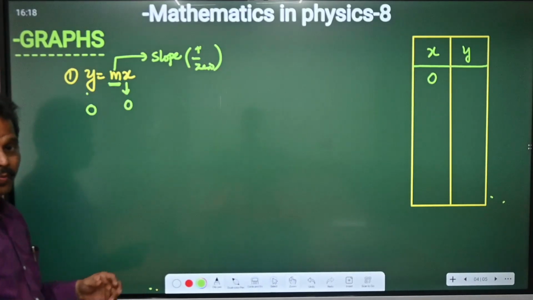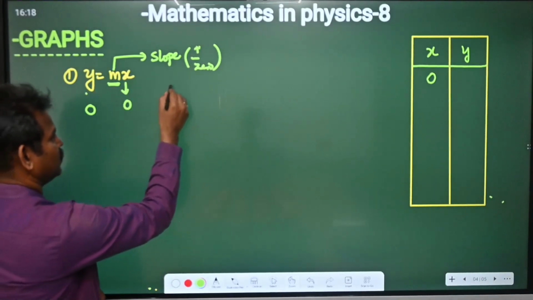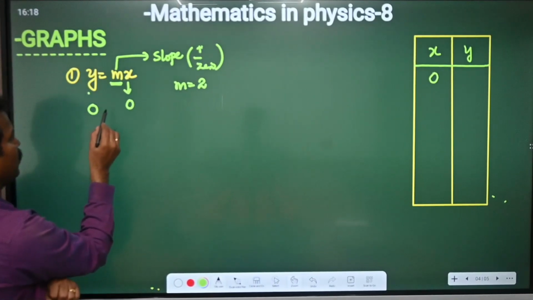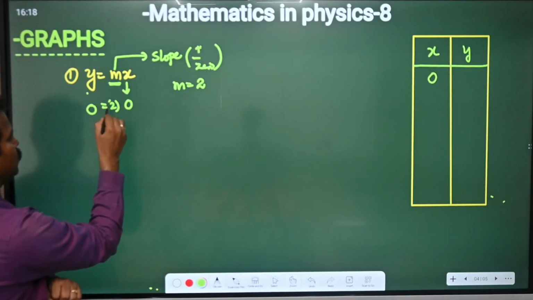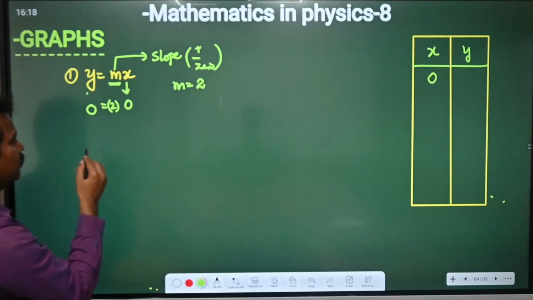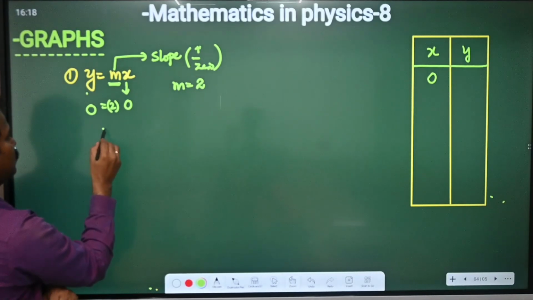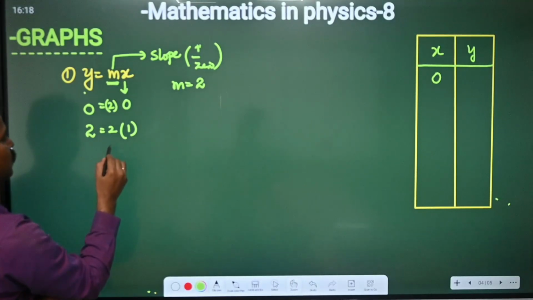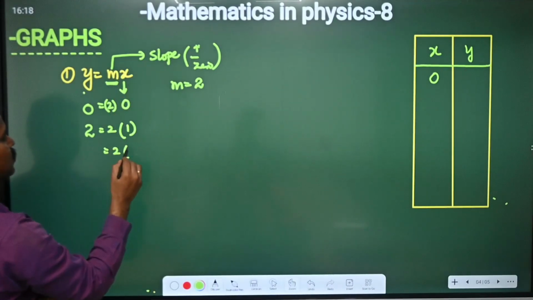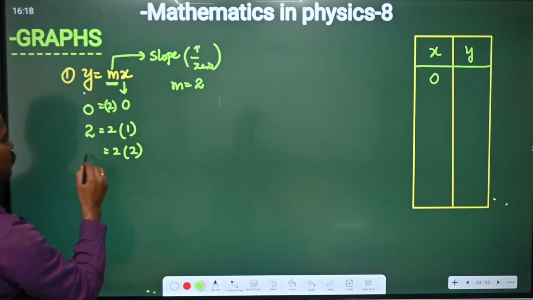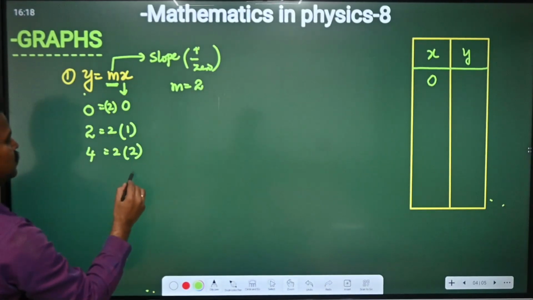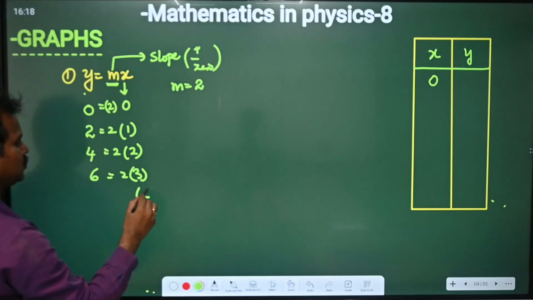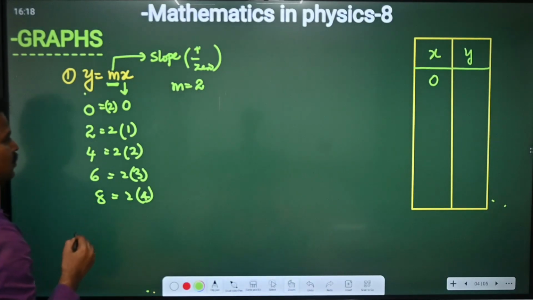Let us say the slope of the graph in this case is m is equal to 2. Then y is equal to 2 into 0, which is equal to 0. And let us say x is equal to 1, y will become 2. Suppose x is equal to 2, 2 2s are 4. Suppose x is equal to 3, we will write this as 6. Suppose x is equal to 4, we will get 8.